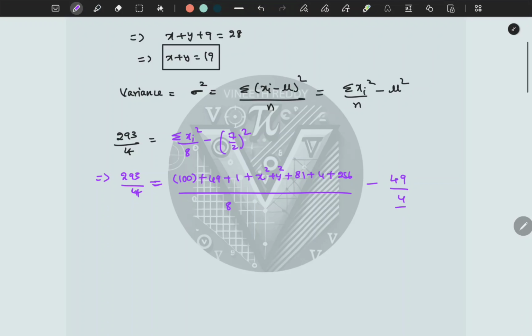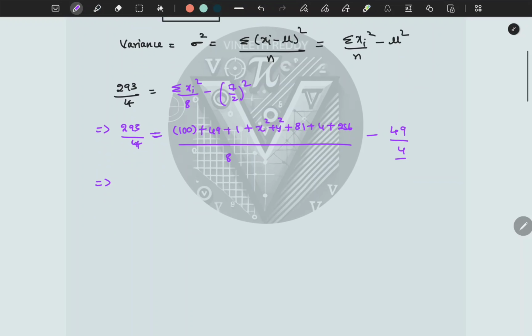So let me take this 49 divided by 4 to the left hand side. We get 293 plus 49, which is 342, divided by 4, and that will be equal to, now 100 plus 50 is 150, then 256 plus 4 is 260, and then we have 81.